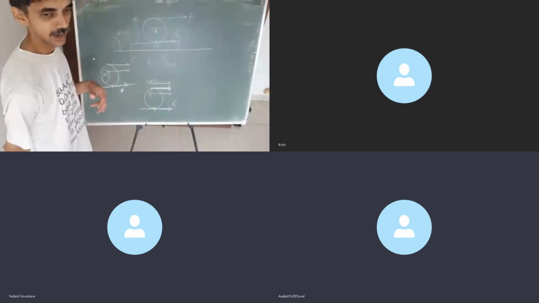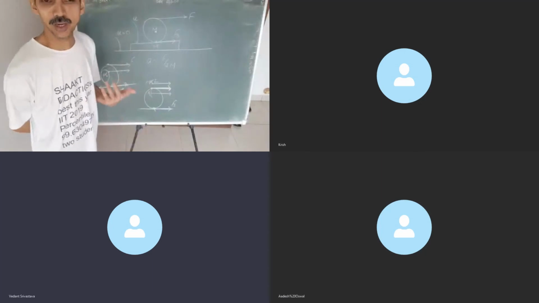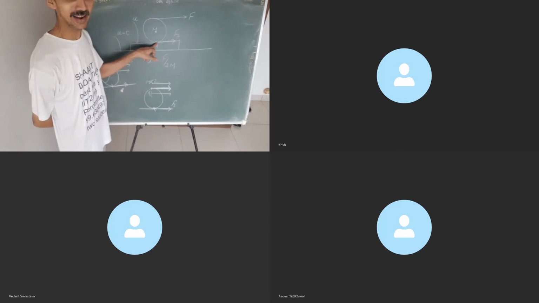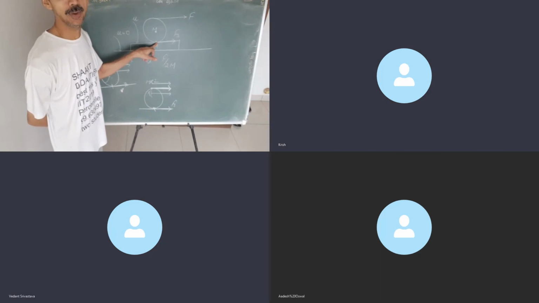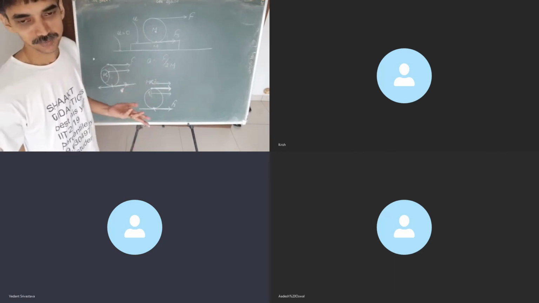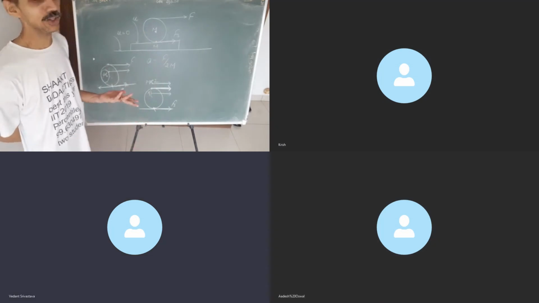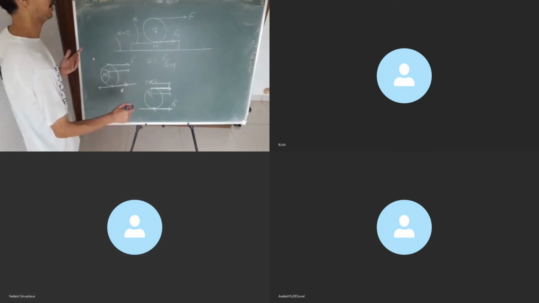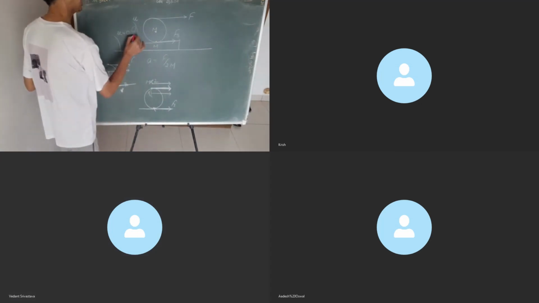But when you are viewing from Earth, this point will not be at rest. This point will be moving along with the plank, correct? So you can solve from the Earth frame as well, but it is easier for me to place myself on the plank.